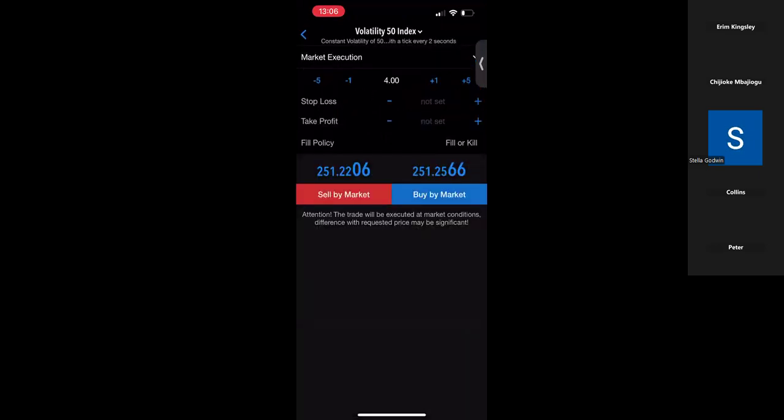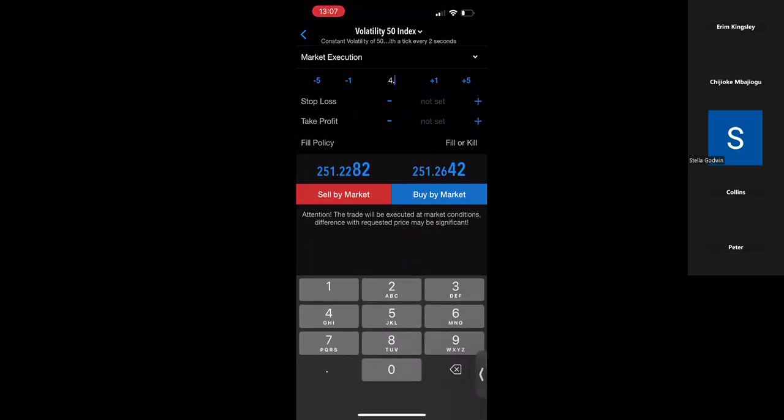Trade. Of course, for you to know the lot size, let me just teach you this again, because this lot size is very, very important. If you want to know which lot size to use, very simple. This is V50. You can clean this, put 0.001, or let's say you do this. You click buy.